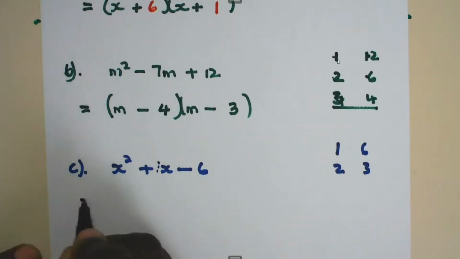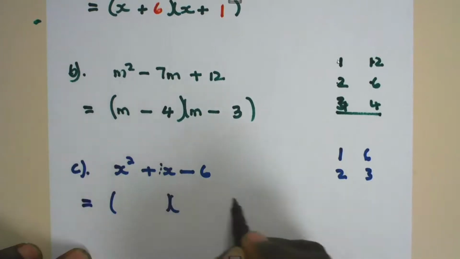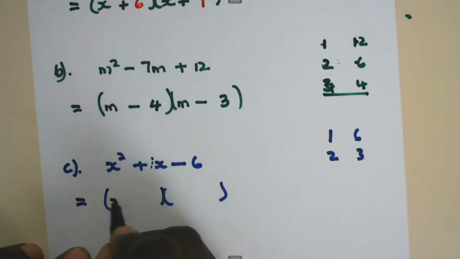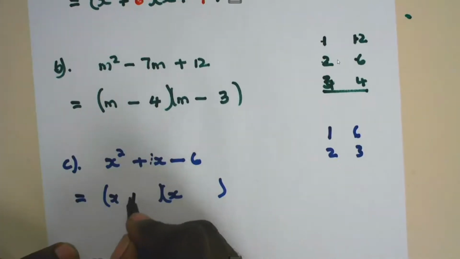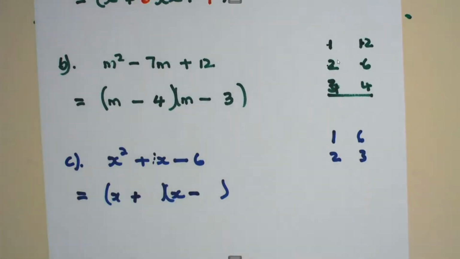Let's have the factors. After loading that information, it's x and x. We said the signs are what? The signs are different, so it depends. If I start with positive here, then the other is negative. What are the factors of 6, whereby when you add or subtract, it must give you 1?